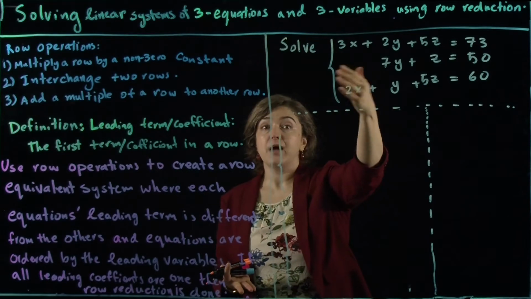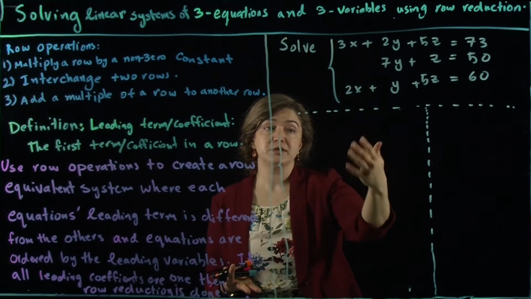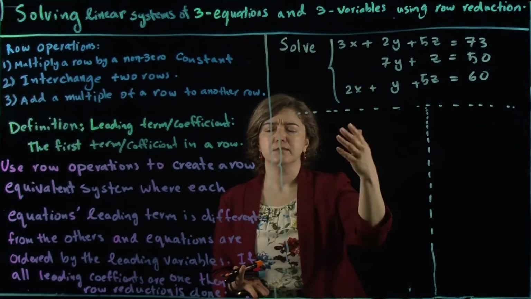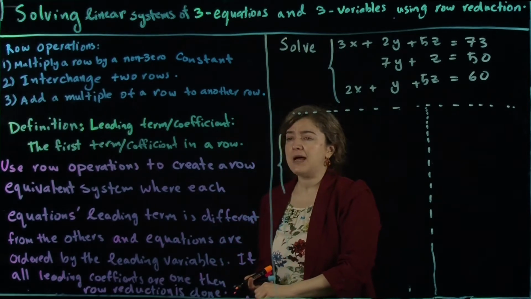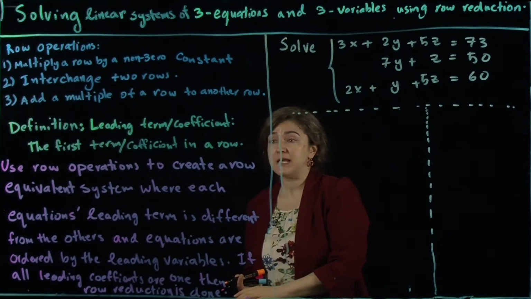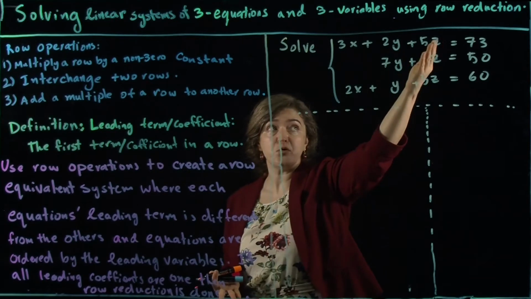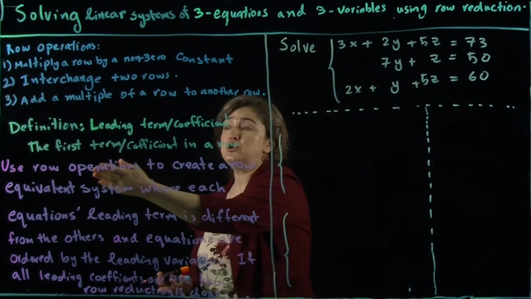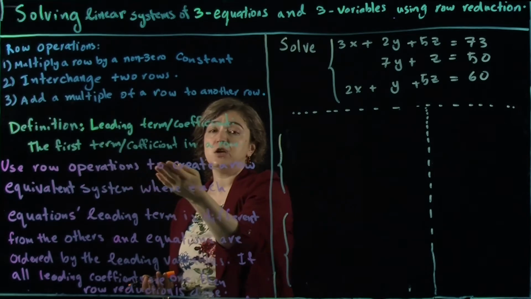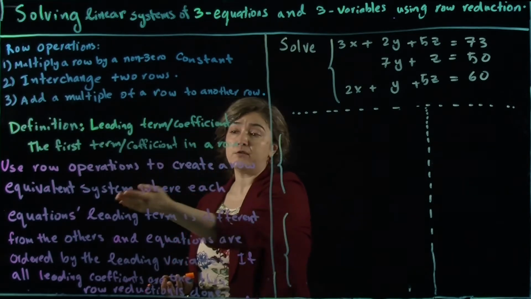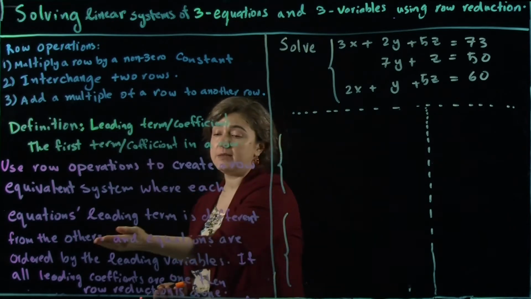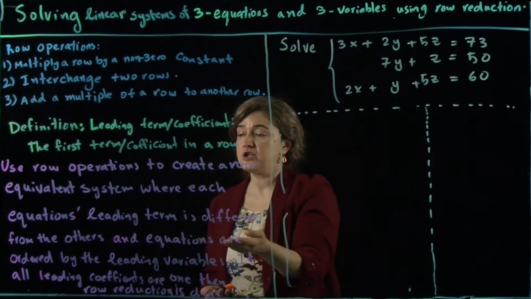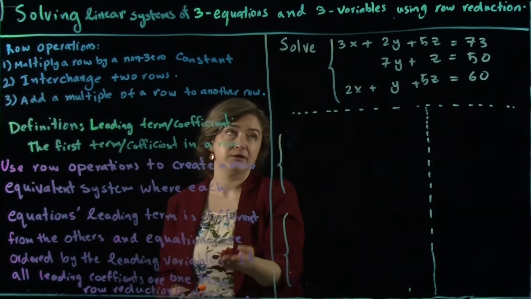Sometimes I will refer to the new system as the row equivalent system. Now, the row reduction is using row operations to create a row equivalent system where each equation's leading term is different from the others and equations are ordered by leading variables.